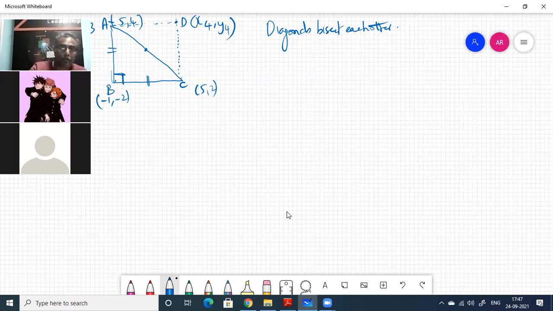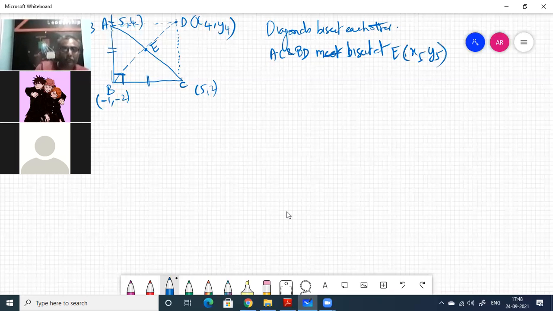So if I draw one more line BD, AC and BD meet at, or bisect at, let us say this is E. E is x5, y5.